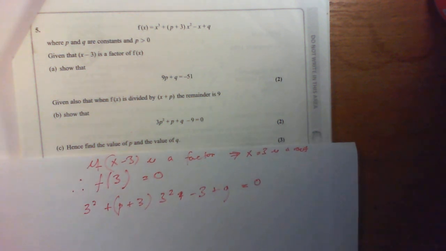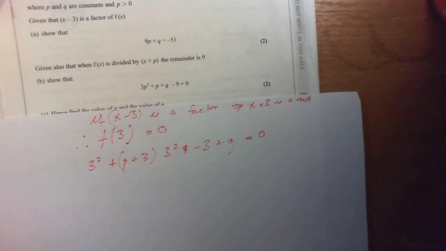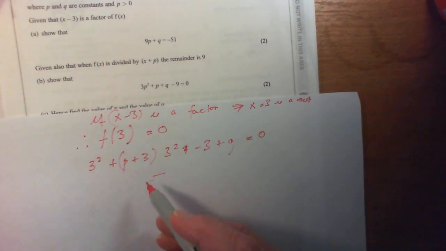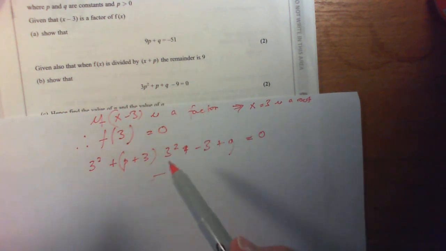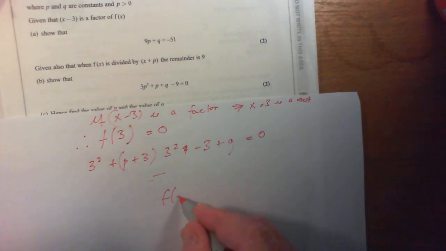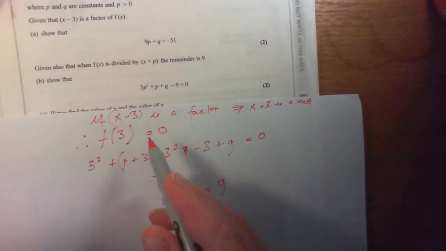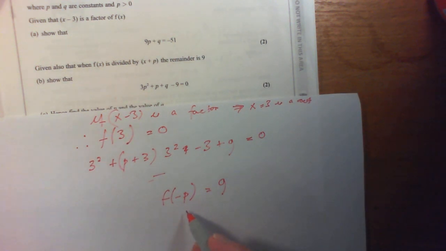And the same thing is for this second bit. You need to show that whenever f of x is divided by x plus p, giving a remainder of 9, then... Okay, so stick your explanation in at the top there, write this down, and then you can write down the equation with minus p substituted in.